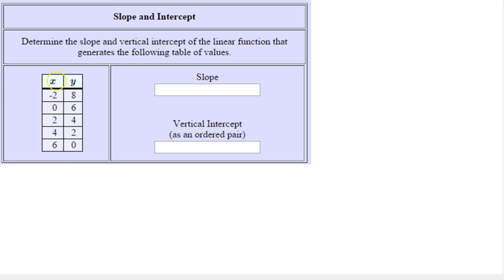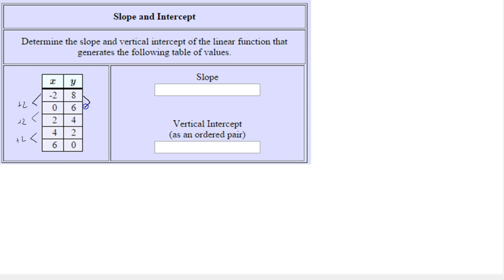So looking at the x values as we go down the list, it looks like it's -2, 0, 2, 4, 6. So notice these are all going up by 2. And now looking at the y values, we start with 8, then we have 6, then 4, then 2, then 0.